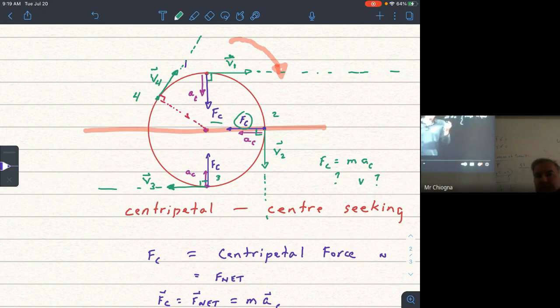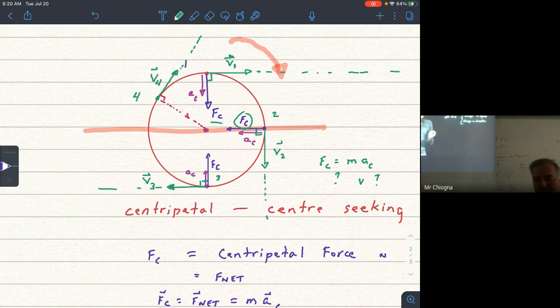You're used to referring to an acceleration when an object speeds up or slows down. That's what we've been dealing with up till now. But there are two ways of changing your velocity. The first is a change in speed, the magnitude of velocity, or it could be a change in direction.